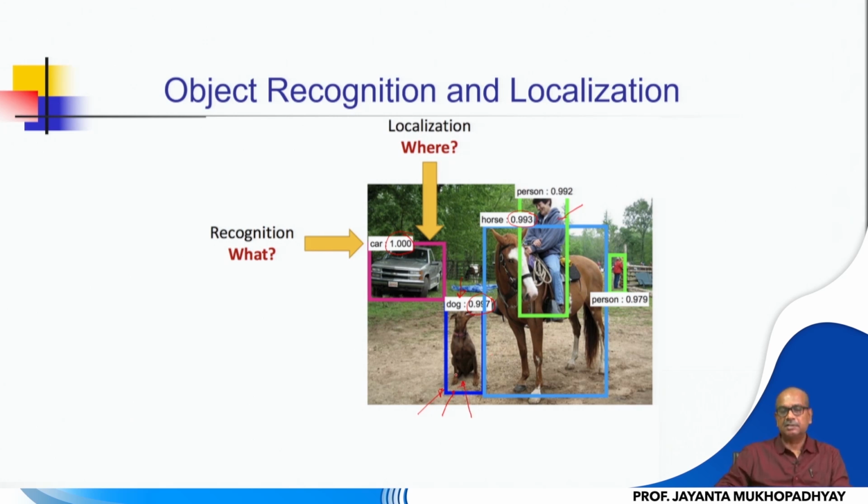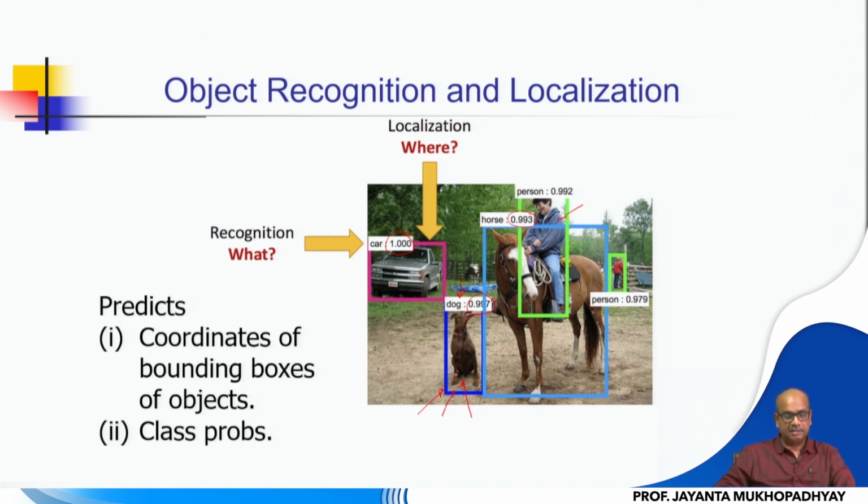So it provides much information using the same network or system. This problem is called recognition and localization, both tasks are covered. So what it predicts, as I mentioned, is the coordinates of bounding boxes of objects and also class probabilities.